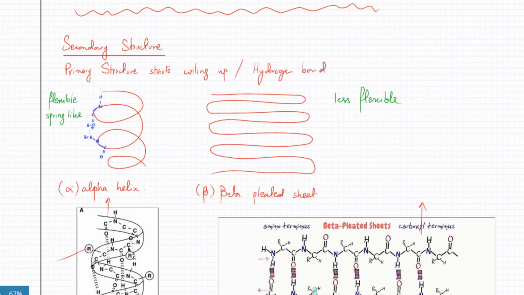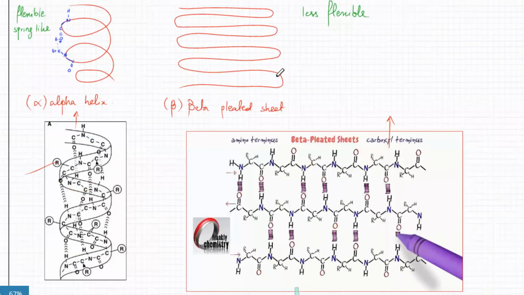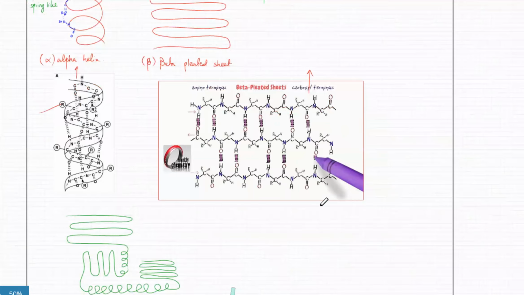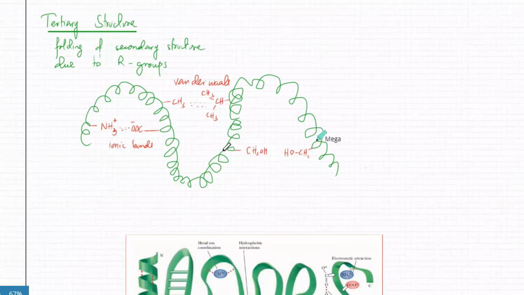This secondary structure forms because all the amides are attracted to all the other amides. So the chain starts coiling up because of the hydrogen bonding happening within the chain itself. And then you've got a tertiary structure, where all the R groups that were not doing anything start bonding with each other. So the chain would further coil up.